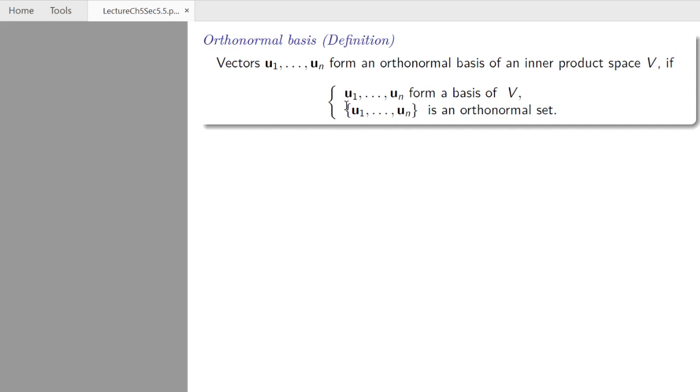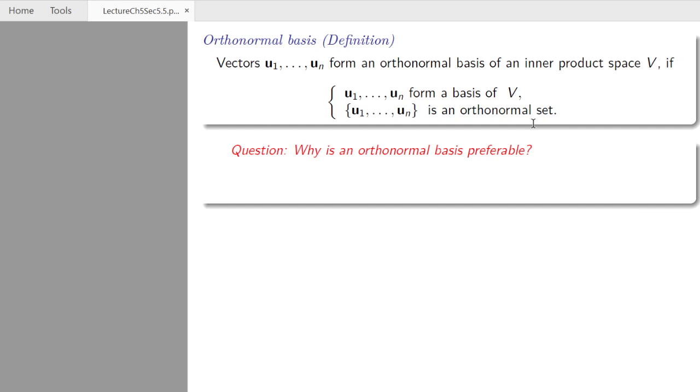First of all, u1, u2 to un form a base for the inner product space V. And the second assumption is that this set here is an orthonormal set.